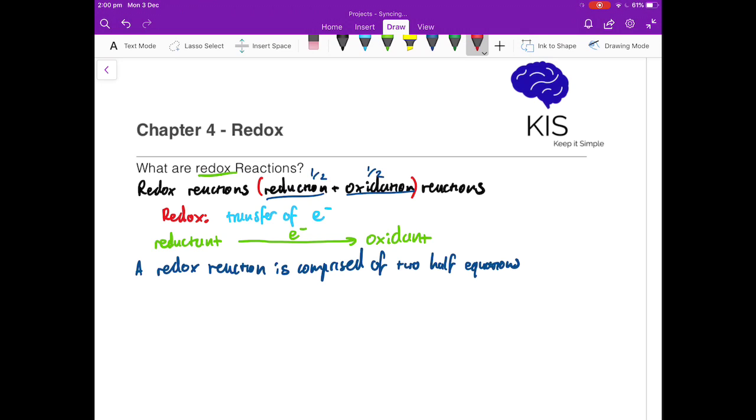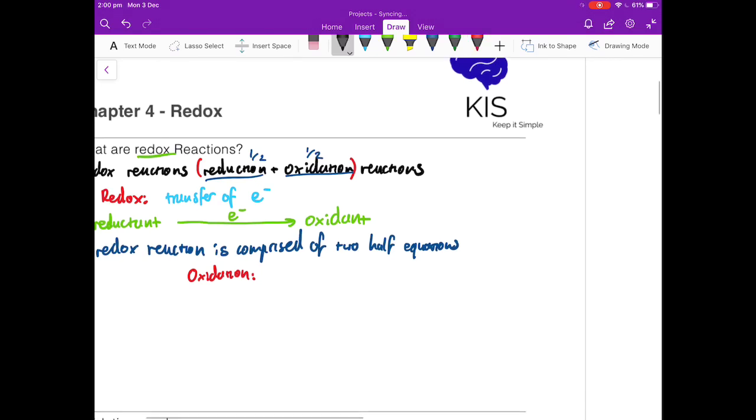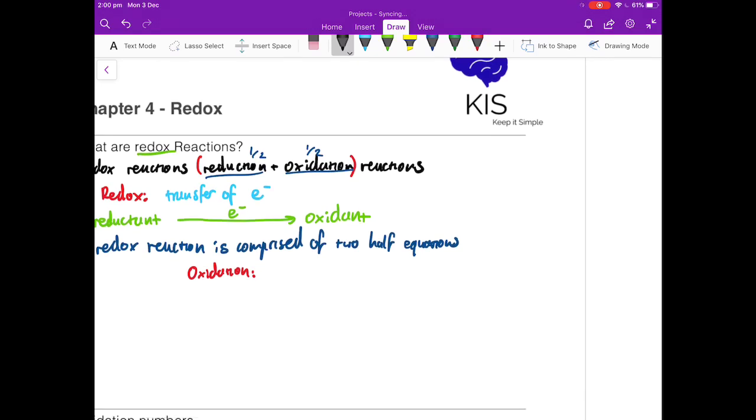We have oxidation, in which, now this part's important, we have a loss of electrons, and we also have reduction. Once again, important because we have a gain of electrons.